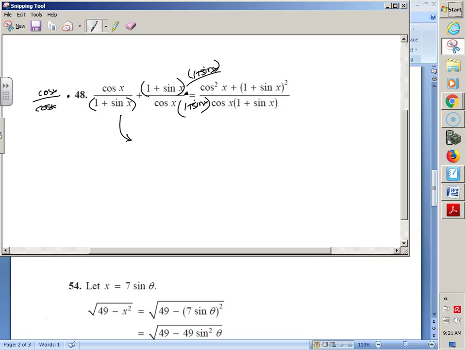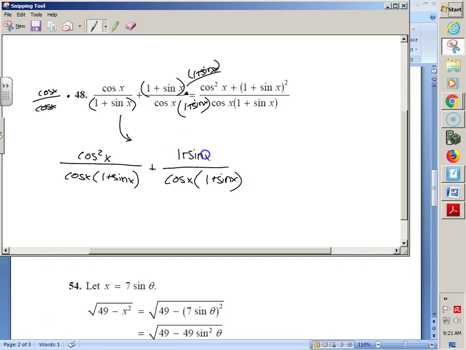You end up with cosine times cosine is cosine squared. One plus sine, I guess I could write that as 1 plus sine x squared. I guess I could do that and just say it's squared, which is what they ended up doing.